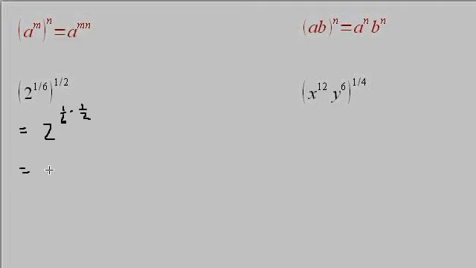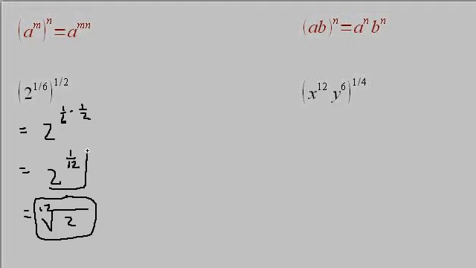So we multiply, we get 2 to the 1/12. And we can leave it like this, or we can convert this to radical form. If we convert it to radical form, this would be the 12th root of 2. And we could leave it like this. Or we can leave it like this.